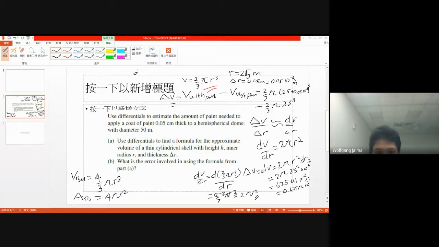Okay, can we proceed, or do you guys want to ask something? So basically, for the B part, what is the error involved, the concept is something like this. The volume is not linear, but we approximate with something linear. In the book, there is a nice picture that I want you to see. Let's share.